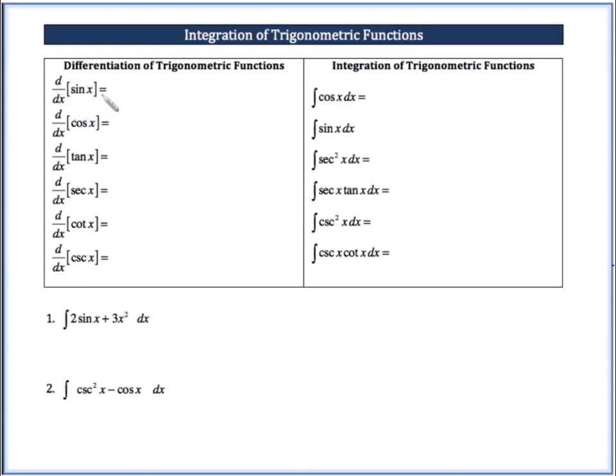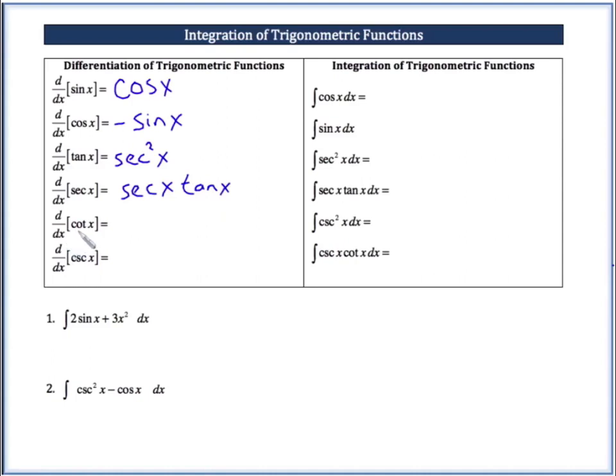The derivative of sine is cosine. The derivative of cosine is negative sine. The derivative of tangent is secant squared of x. The derivative of secant of x is secant of x times tangent of x.